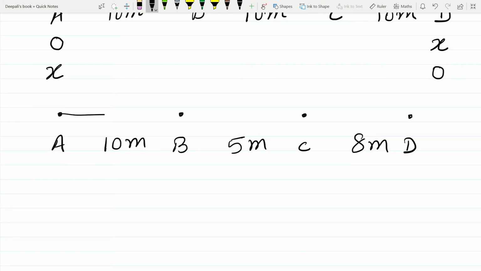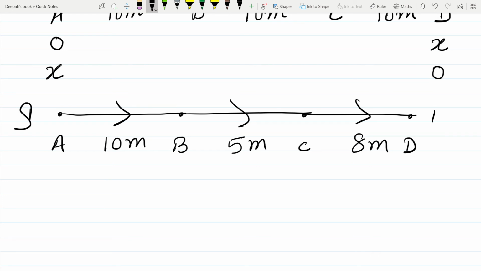Now the object is moving from A to B, B to C and C to D in the direction south to north. Here the direction of the object didn't change, but the distance is changing. In the particular interval of time, time remains constant. Then this is non-uniform velocity.